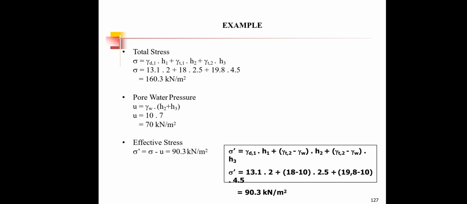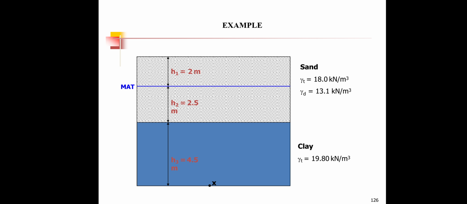It is clear that the unit weight of water starts from here. The soil sample is saturated here, the clay only in saturated condition. Hence from this point, where the blue mark is indicated, the soil is in saturated condition. So we can calculate the pore water pressure with the help of the unit weight of water multiplied by H1 plus H2.